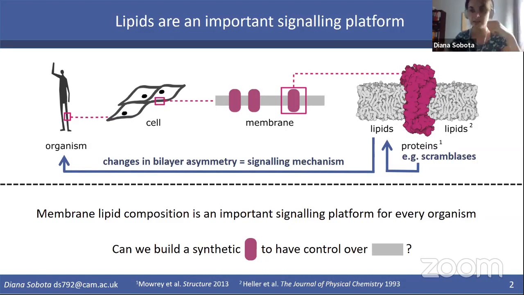And this is basically the starting point of what we were doing. And you see, if we just simplify a membrane with these two components, we have lipid membrane and something that will control where the lipids are. We have these two materials, and I will just briefly tell you how these materials look like.